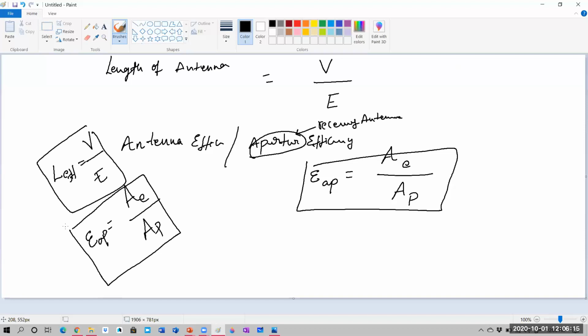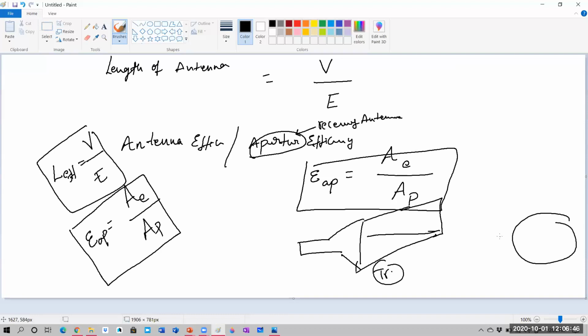Normally whenever we talk about aperture, it is related to a receiving antenna. Why? Suppose an antenna is propagating like this, suppose it is a rectangular horn antenna. If it is a transmitting antenna, in the same way there is a receiving antenna also. So aperture means the amount of power it is receiving by a receiving antenna.